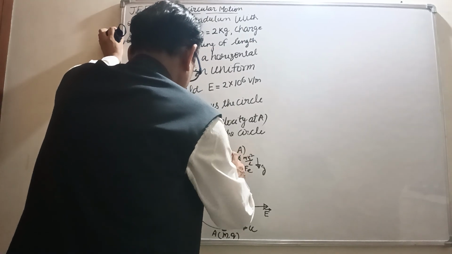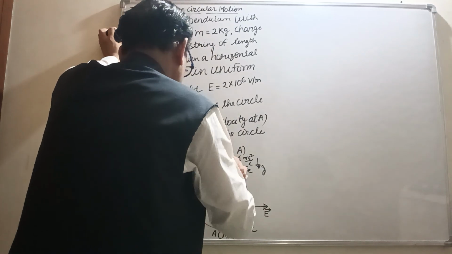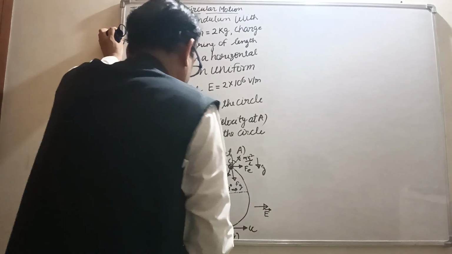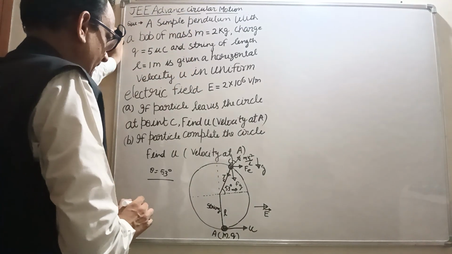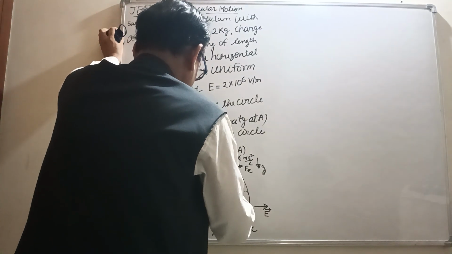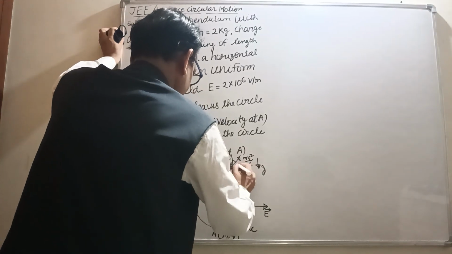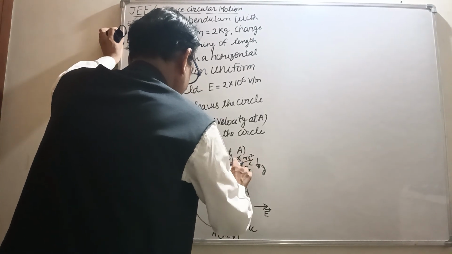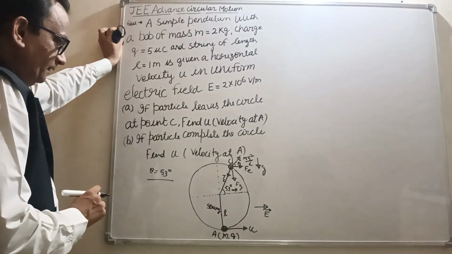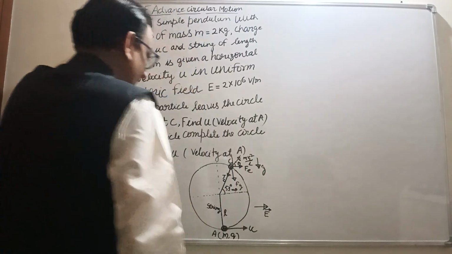So the perpendicular component would be, this angle also theta. So if this angle is theta, this angle is also theta, and this angle would be 90 minus theta.